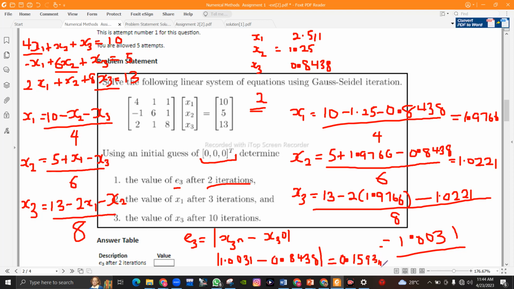So this is our error 3 after the second iteration. So we have to find x1 after the third iteration. I'll do that, but I'll not do this. It's still the same procedure. You have to do it 7 more times to get to x10. So let's go to the third iteration. I don't want the video to be long.